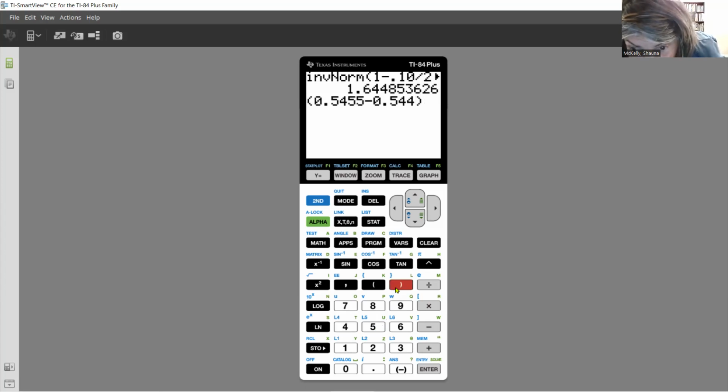That's the top. Now we're going to divide it by the bottom.